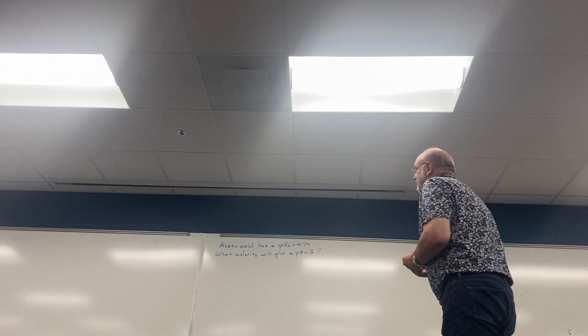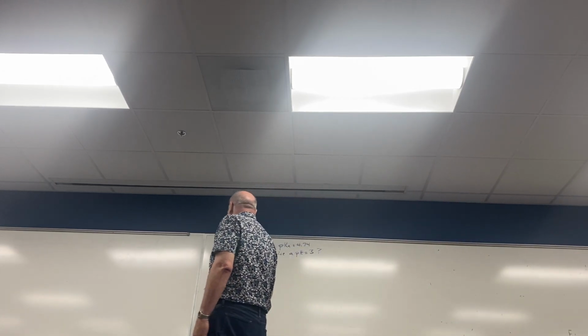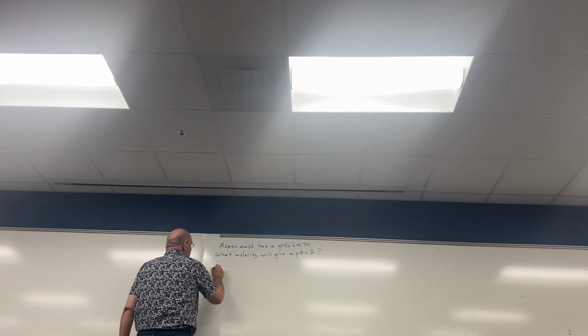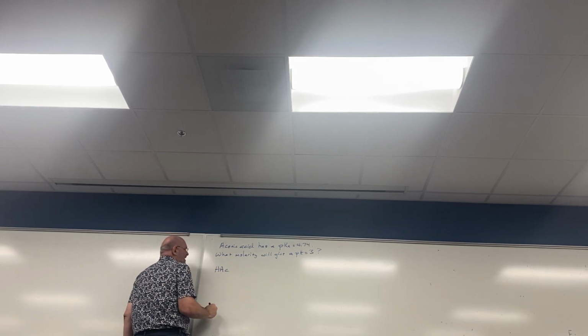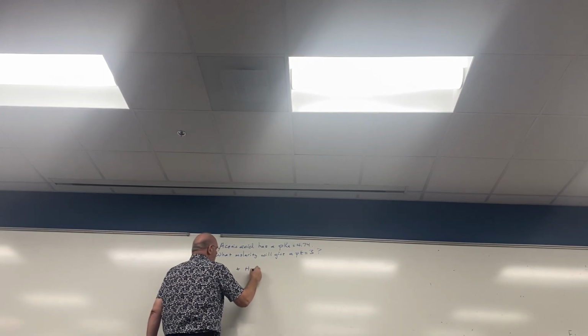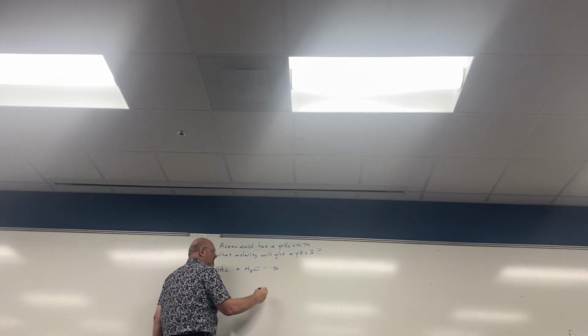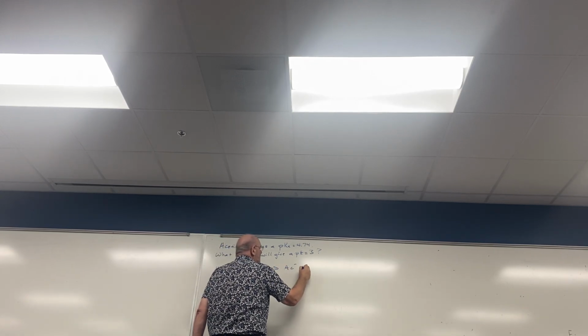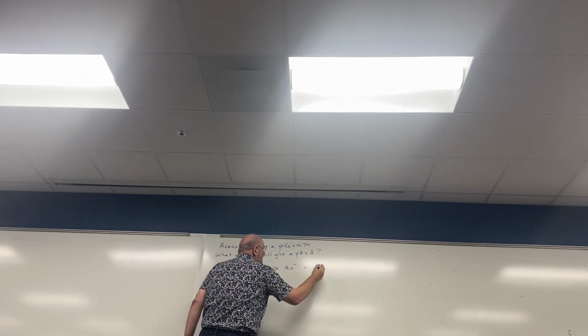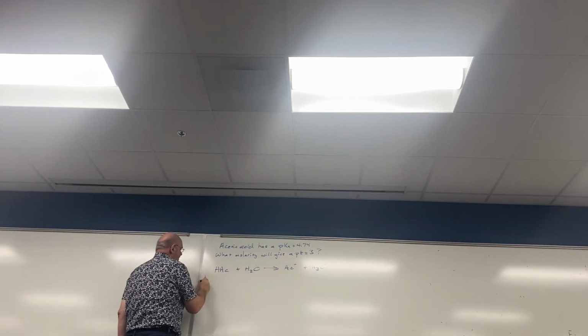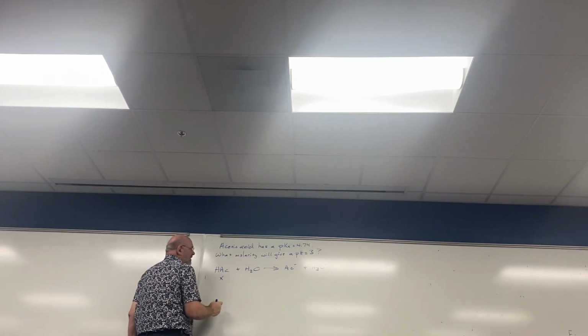All right, if you know how to do this, it's pretty simple. I'm just going to call it AC minus because I don't care about the formula of acetate right now. So we get AC minus plus H3O plus. I have no idea what I start with.